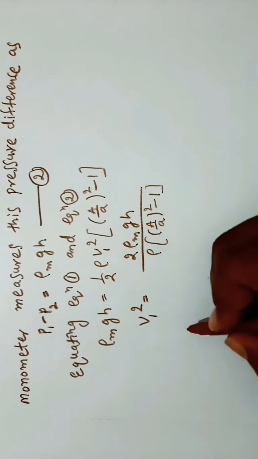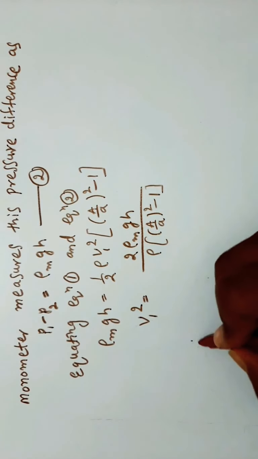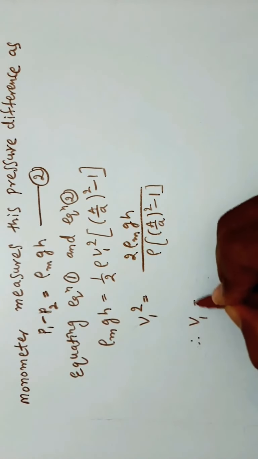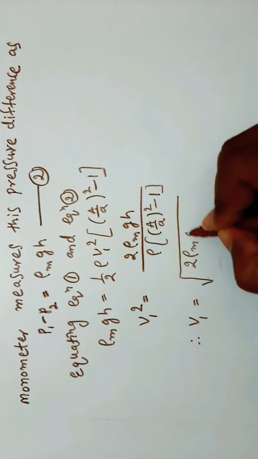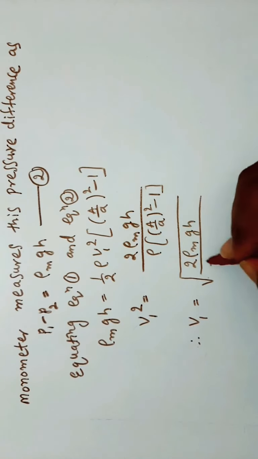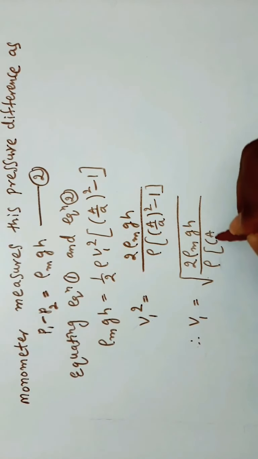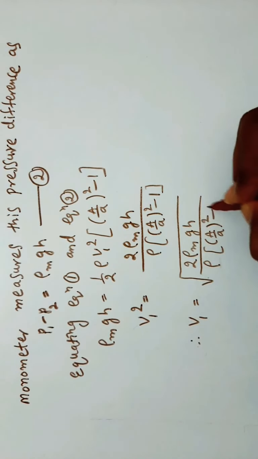So V1 is equal to the square root of 2 rho m g h by rho ((A/a) whole squared minus 1).